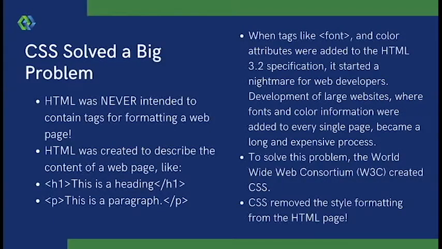So CSS solved a big problem. HTML was never intended to contain tags for formatting a web page. It was created to describe the content of a web page, like your H1, your paragraph. So when tags like font and color attributes were added to the HTML 3.2 specification, it started a nightmare for web developers. Why?